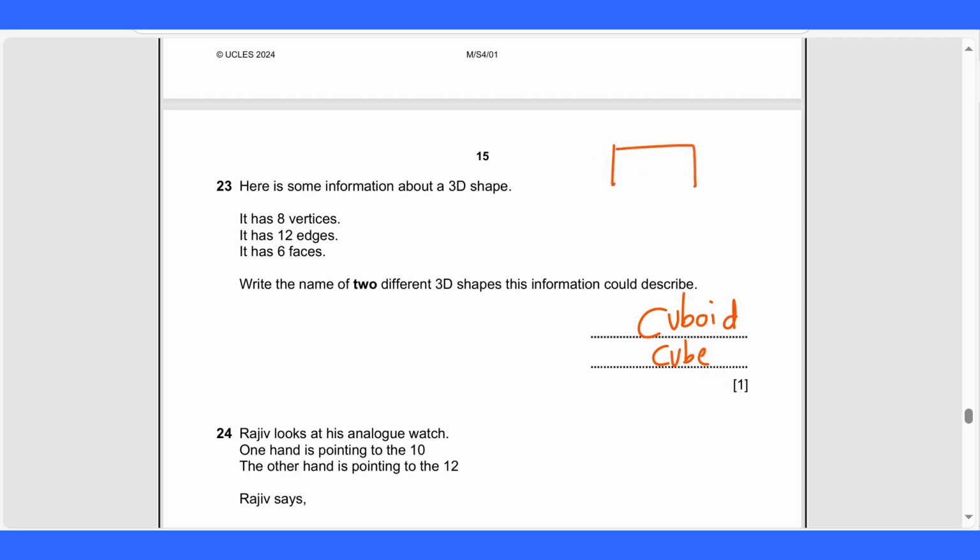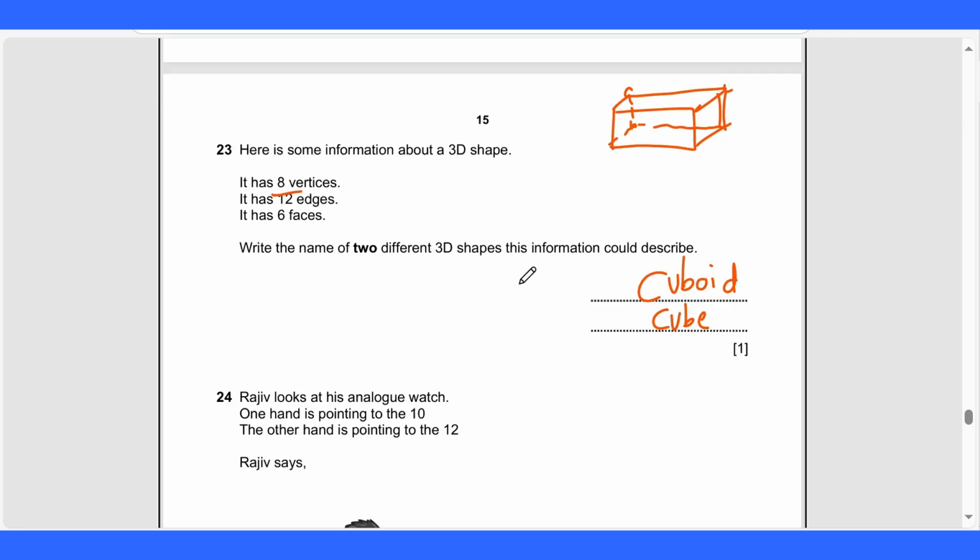So for a cuboid, it has 8 vertices, 1, 2, 3, 4, 5, 6, 7, 8, and 12 edges: 4 vertical, 4 horizontal, and another 4 in here. And 6 faces: top and bottom, front and back, right and left. Alright, next let's move on.